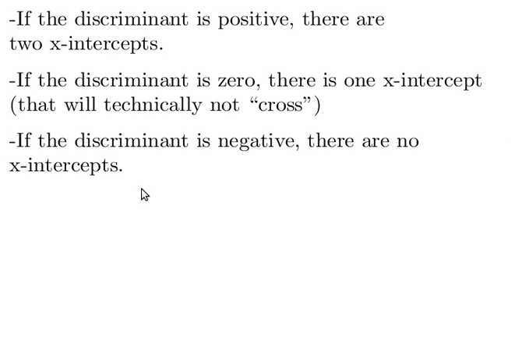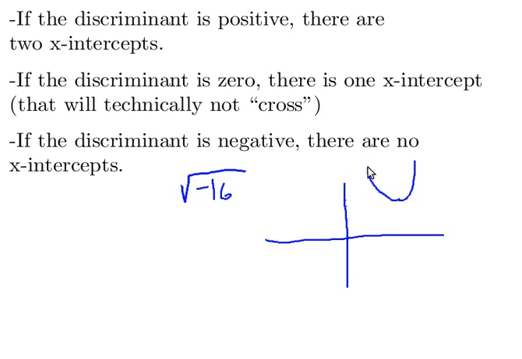So the reason why this is the case is because if the discriminant is negative, that means you're going to get a square root of a negative number, like the square root of negative 16 or something. And that means you're going to have a parabola that opens up here or something like that.